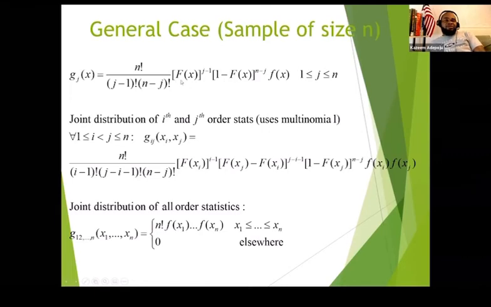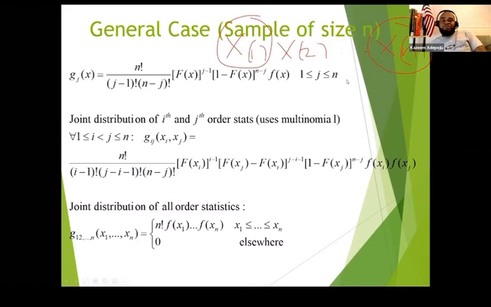So what we're trying to say is, when you have x1, x2, up to xn, and after ordering them, of course, you expect x1 to be the smallest, followed by the others, and this one is going to be the maximum. Of course, these are going to be at the extreme. That's why you have 1 and j.